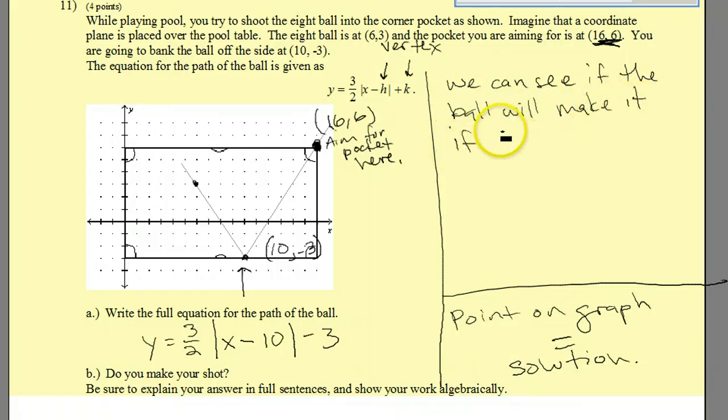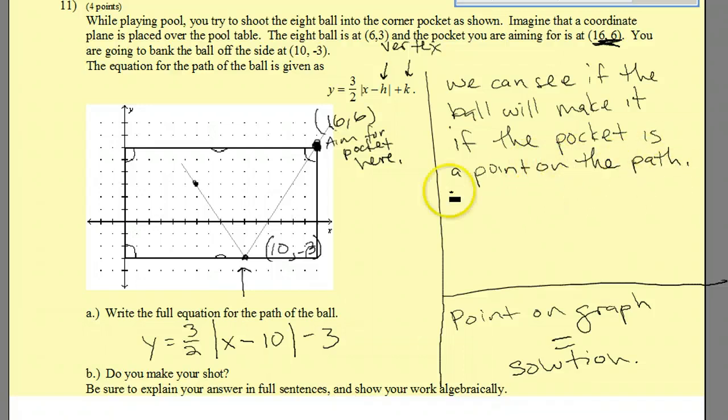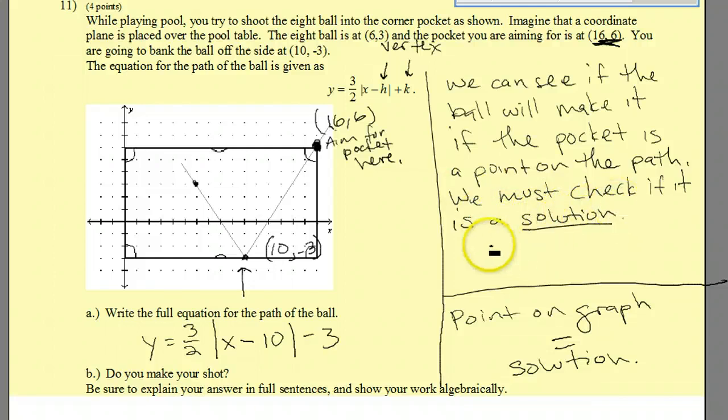If the pocket is a point on the path, we have to check if it's a solution, or we must check if it's a solution. So all we do is plug it in now.